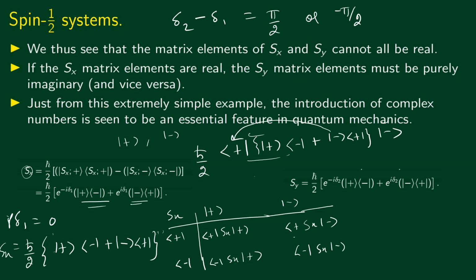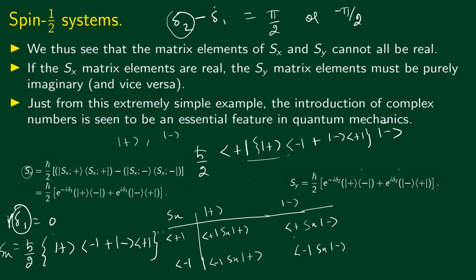Now the point to be noted is that all these matrix elements are real if delta 1 is 0. We can choose these matrix elements to be real. That's fine. But if delta 1 is 0, then delta 2 cannot be 0. If delta 1 is 0, delta 2 has to be pi by 2.